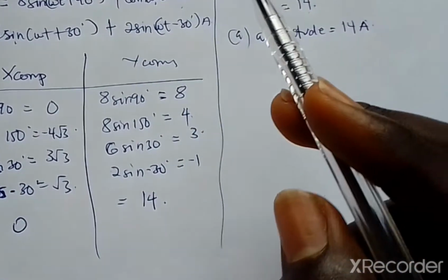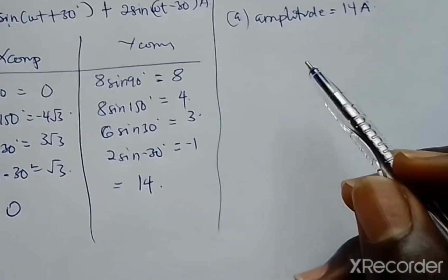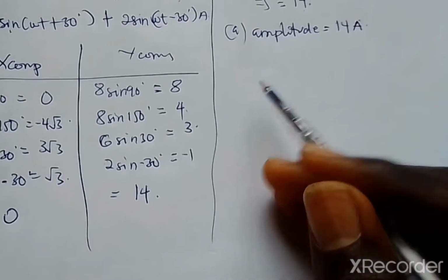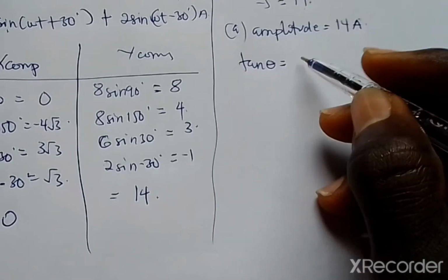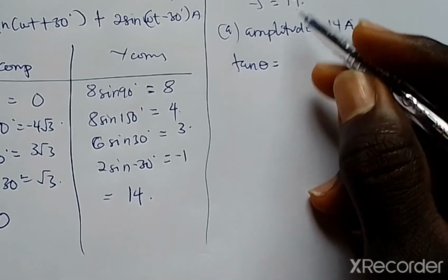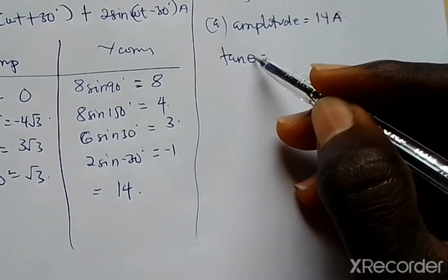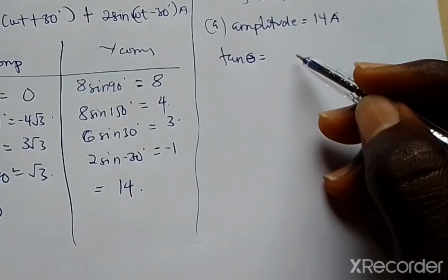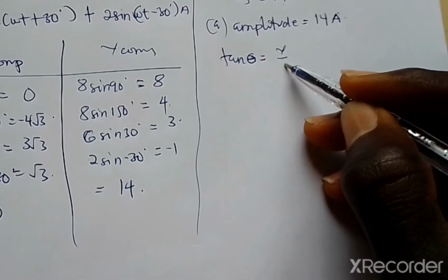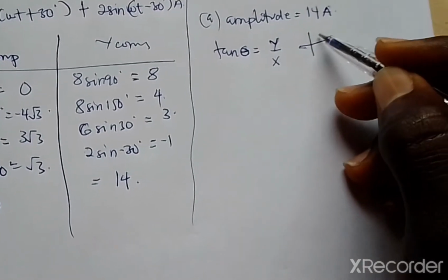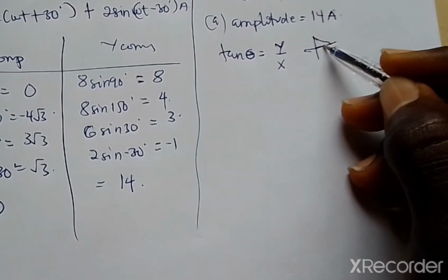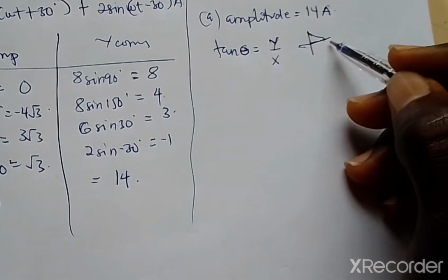Now find the phase angle between the voltage and the current. So we have to find the angle, and you know that tan theta is the y over the x. When you draw, we realize that the opposite over the adjacent is the y over the x.